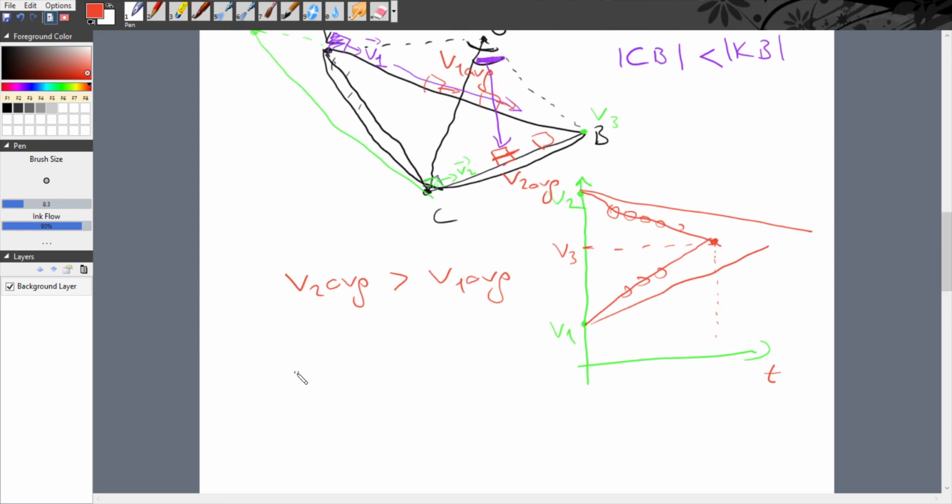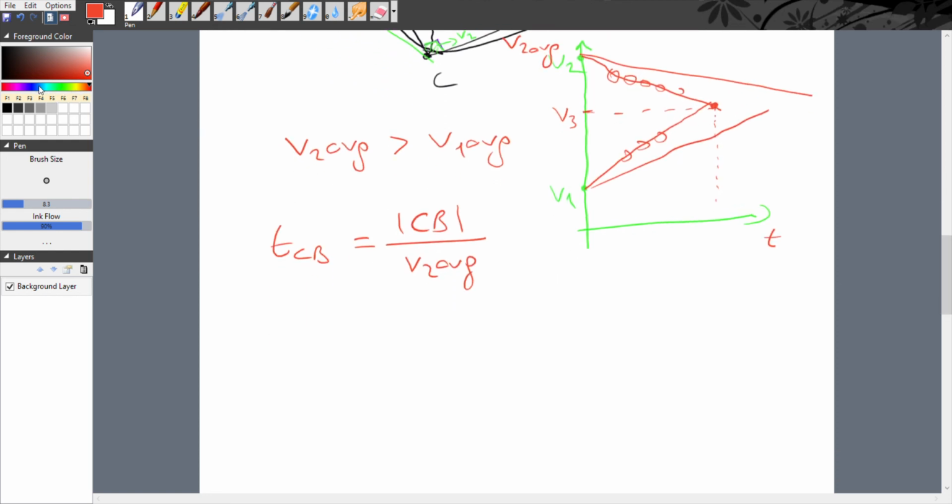So for time, we can calculate TCB over here. TCB will become CB over v2 average. Also, TKB will become KB over v1 average. So let us just compare these two values.